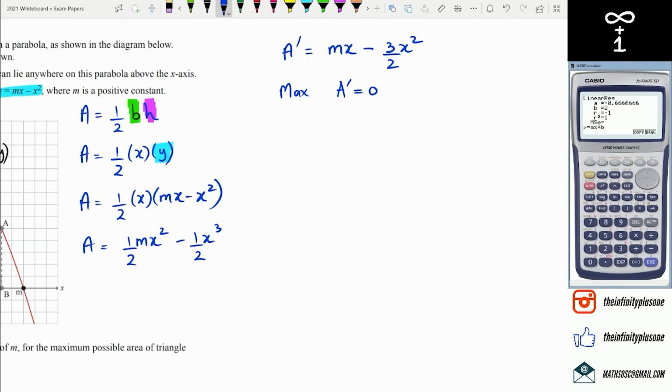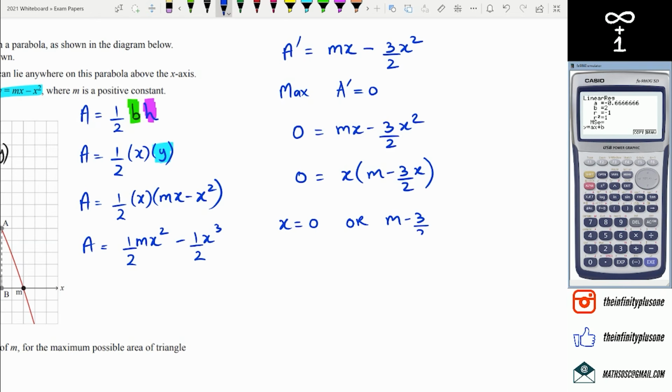So I'm going to put this equal to 0: mx minus 3 over 2 x squared. Factorize the x, so I get x times (m minus 3 over 2 x). So basically at this point I've got x is equal to 0, or m minus 3 over 2 x is equal to 0. So it's saying that this is when a maximum or minimum is going to happen.